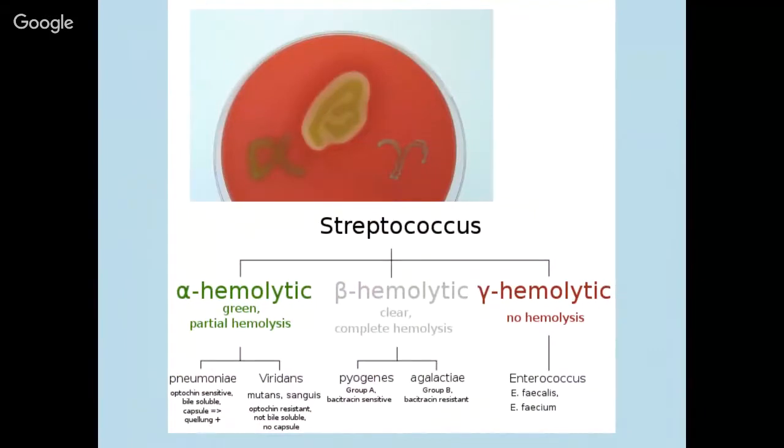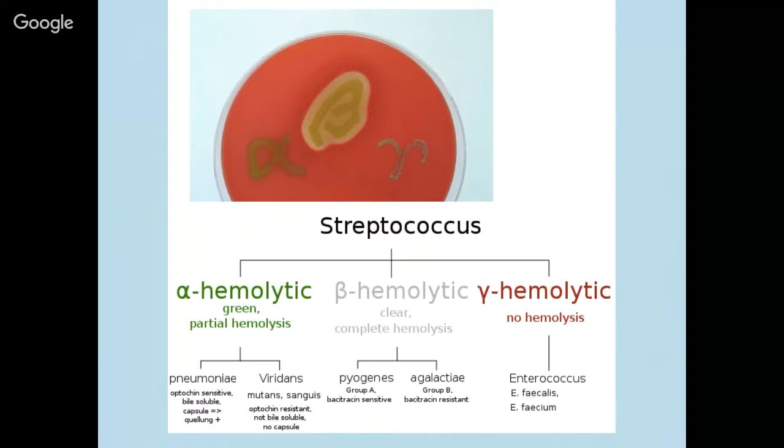So this is just a reminder of the different classes of strep. You've got the alpha hemolytic, which is like strep pneumoniae, strep viridans group. Beta hemolytic, which is further subtyped into the Lancefield grouping. So that's where group A beta hemolytic comes from, which is like your Strep pyogenes.